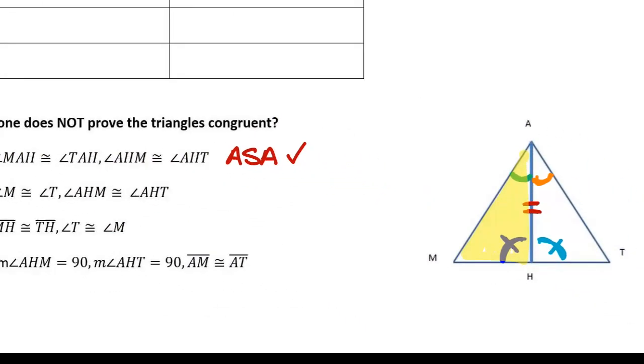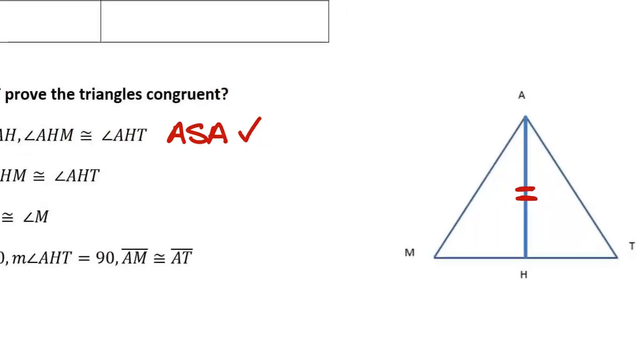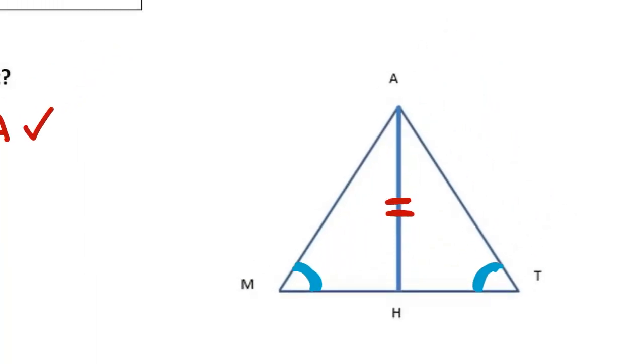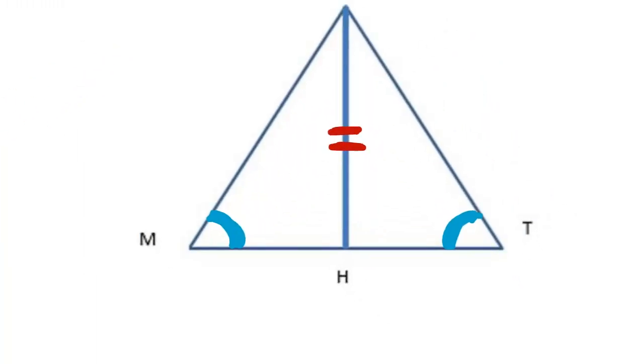So we need to move on to the next one now. I'm going to erase all my markings except for that shared side there. It says angle M is congruent to angle T. And angle AHM, well, we said that AHM was this angle right here, is congruent to angle AHT.